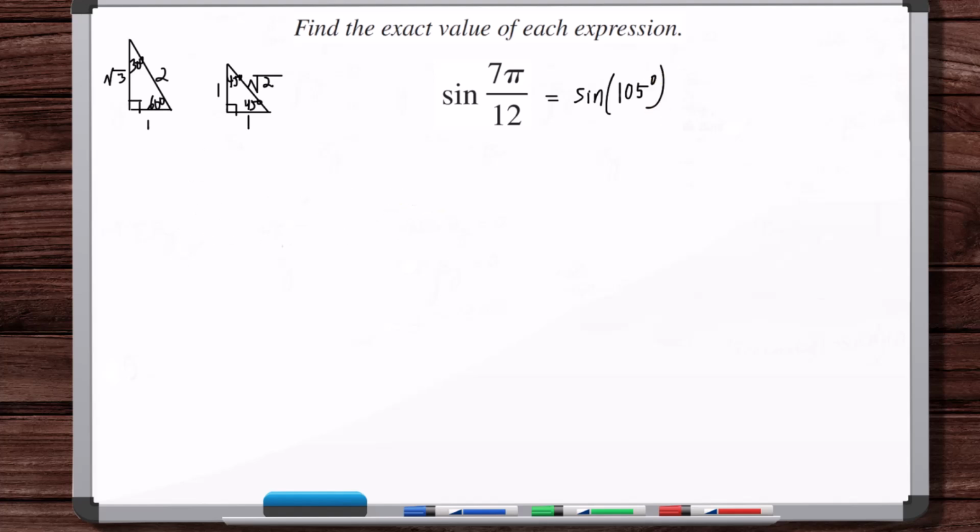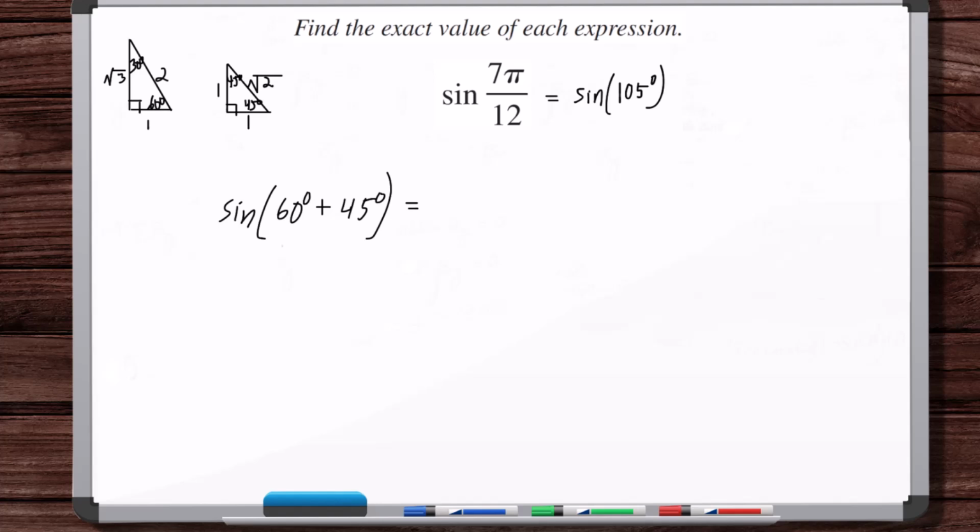So okay, 105, that's 90 plus 15. We could do 90 plus 15 because I think we found sine of 15 degrees previously, but let's just stick with what we can use from these triangles. So, all right, 60 degrees plus 45 degrees.